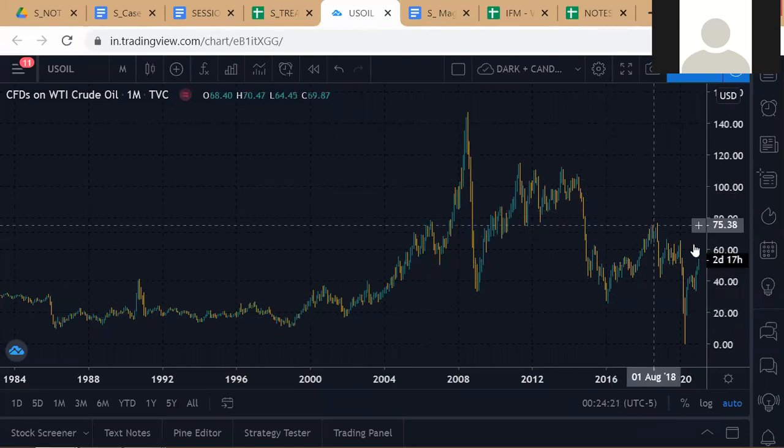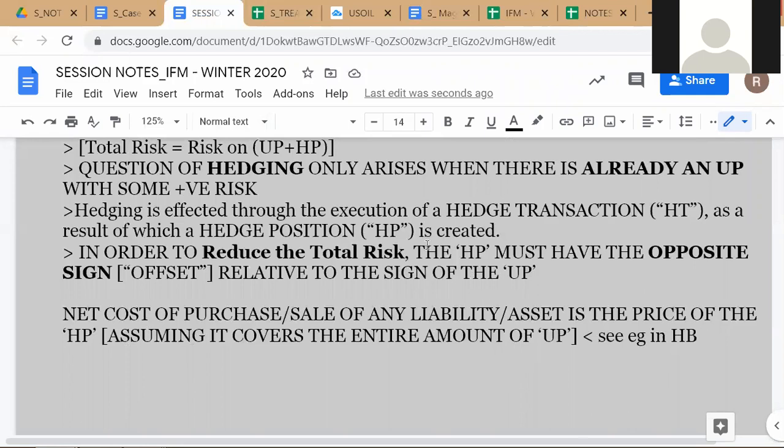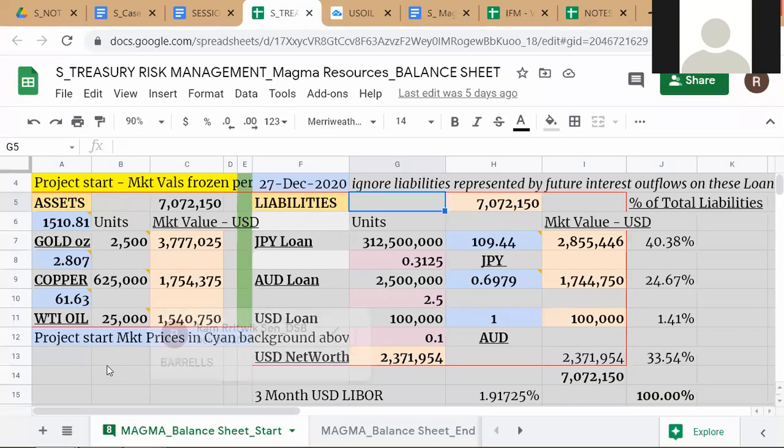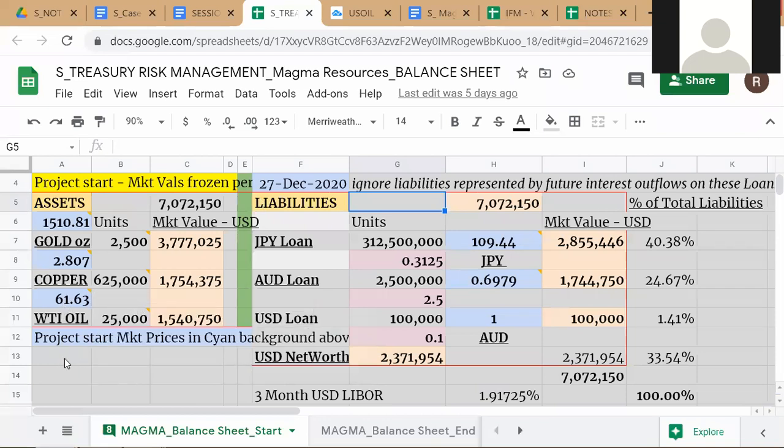So if I hedge it now at 53, that means essentially my net cost is my net realization for all this oil. Maybe I did not hedge. The oil was on the books at 61, 63, and I failed to understand the market. I did not hedge.